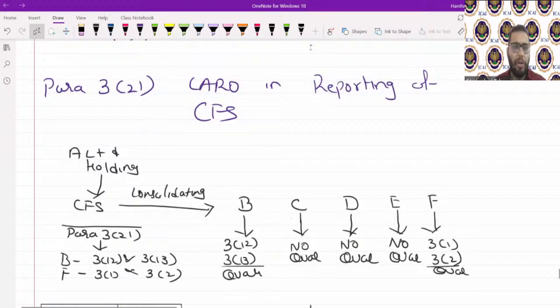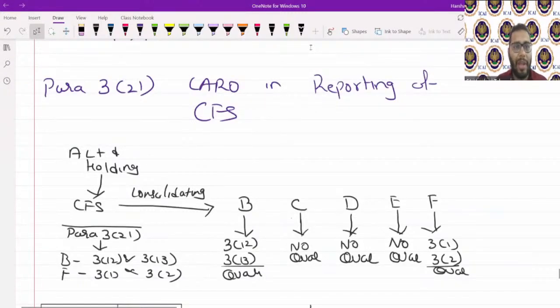Now what does para 4 talk about? Para 4 is regarding your adverse comments or qualification. What paragraph 4 says is that whenever you have an adverse comment or qualification, you need to provide the reason thereof.